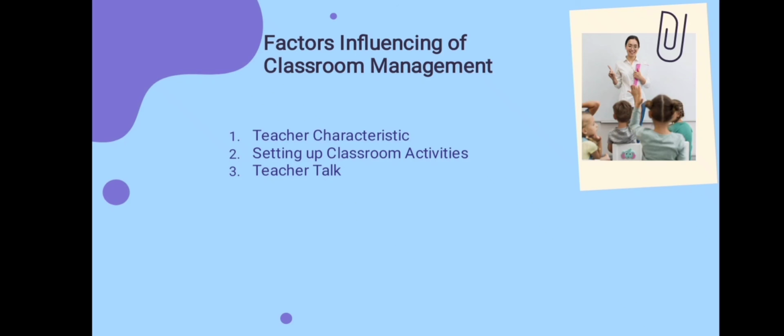First, teacher characteristics. A good teacher must have the 4 competencies of good criteria to be an English teacher, such as pedagogic competence, professionalism competence, personality competence, and social competence. But each teacher also has different characteristics about how to teach students and the teacher's personality.